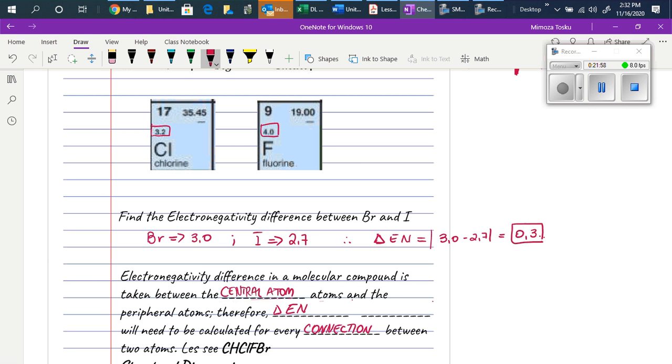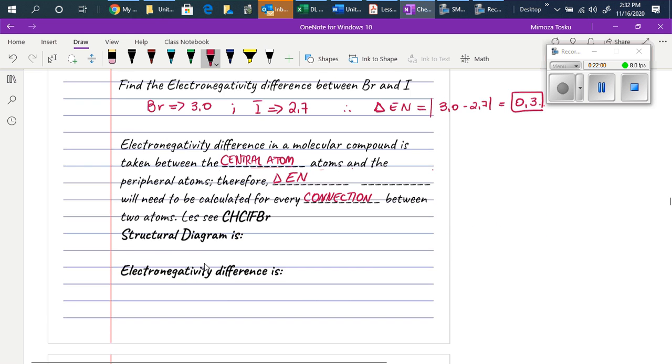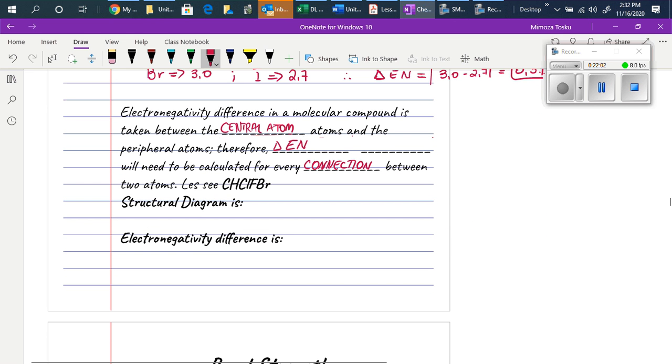Okay, let's take a look at this example here. We have CHClFBr. Now let's draw the structural diagram of this compound.